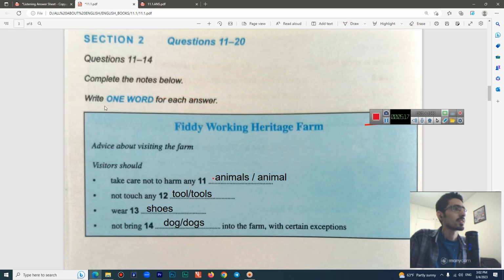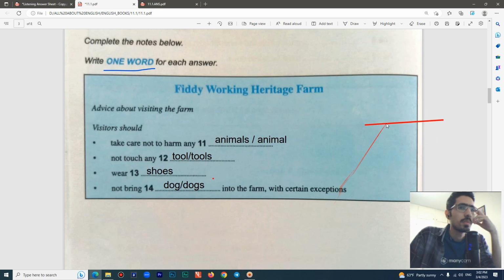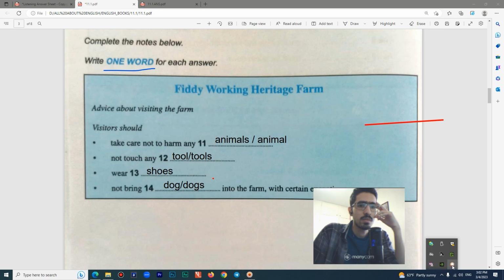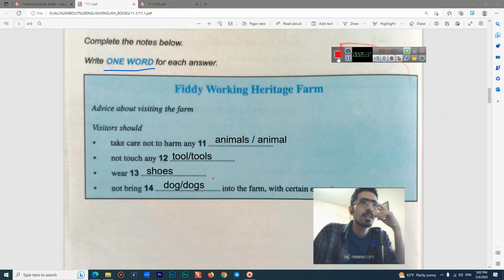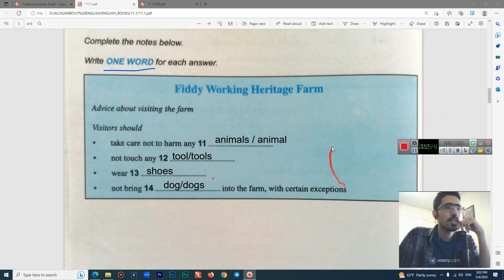Just be careful, it's 1 word, so you need to pay attention to that. Now I'm going to play this audio. Okay, let's go and play the audio.